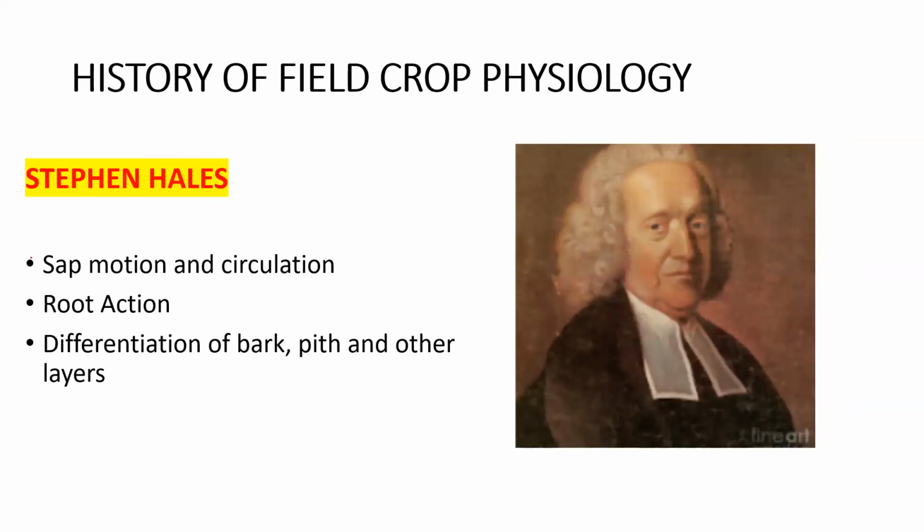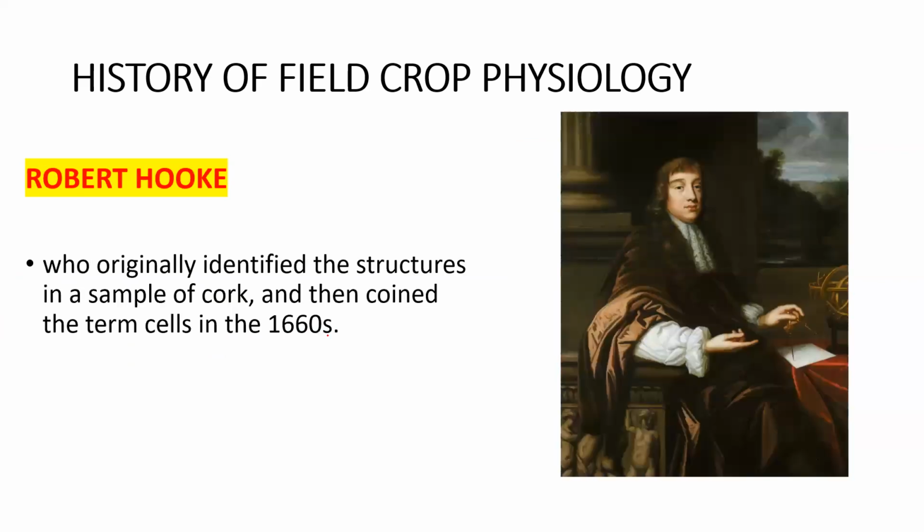Another one is si Stephen Hales. So, studied about the sap motion and circulation and also paano yung root action or absorption ng mismong plants doon sa mga molecules. And then, dinifferentiate niya kung anong ibig sabihin ng bark, ng pith, and other layers doon sa trees.